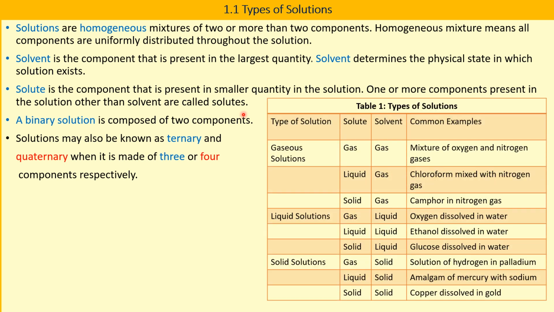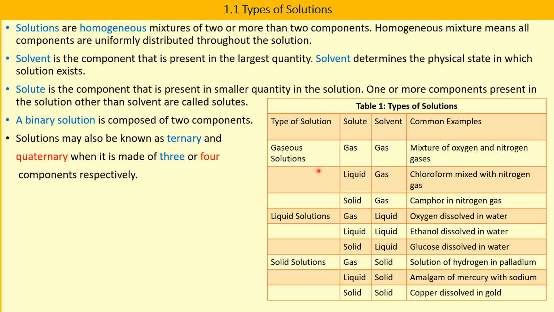Please see the table. The table shows types of solutions. So the type of solution can be gaseous solution, liquid solution, or solid solutions. In gaseous solutions, the solute is a gas, and solvent is also a gas. So, for example, mixture of oxygen and nitrogen gases form a gaseous solution.